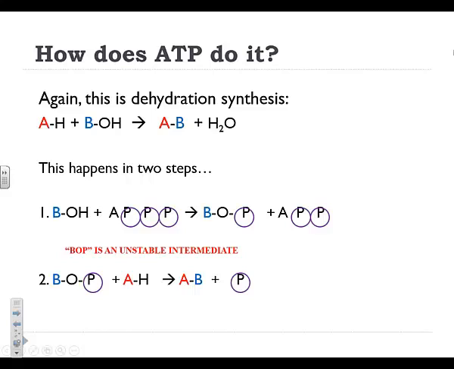Because the phosphate group is unstable, it's then lost, and the chemical bond, the covalent bond between A and B is created.